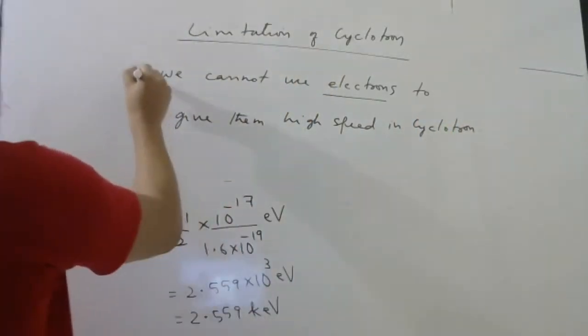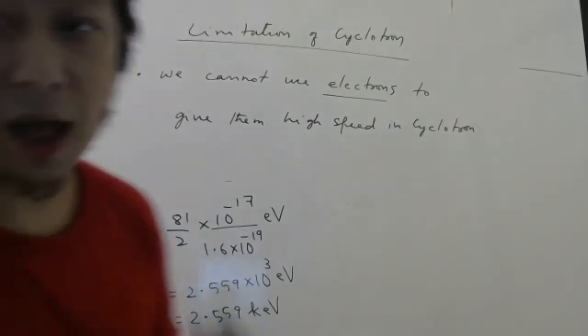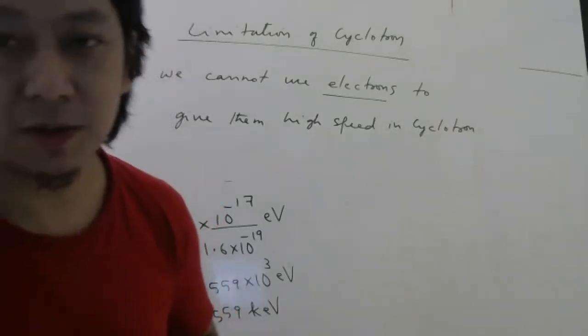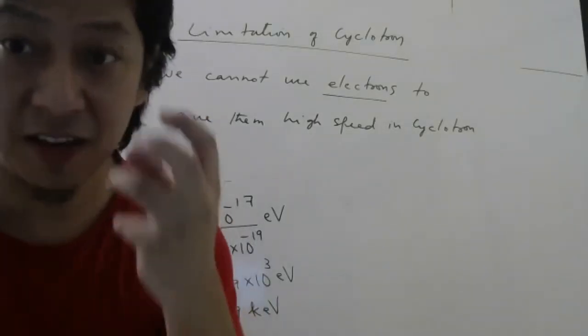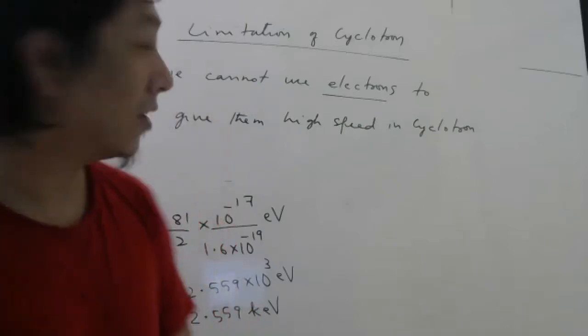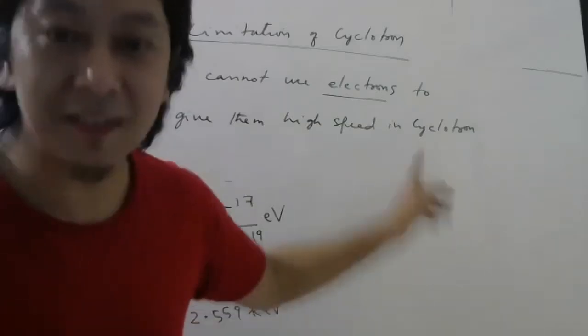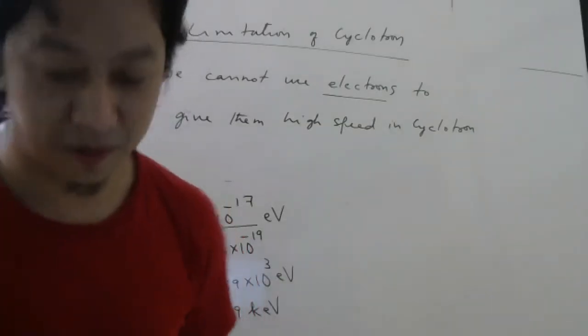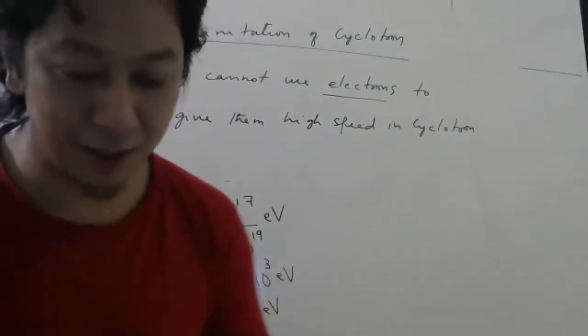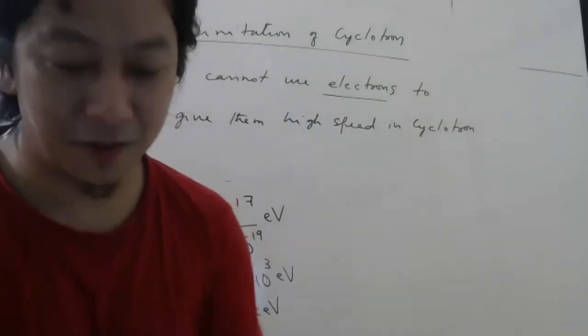So this is one of the limitations. We can use alpha particles, we can use some ions which are a little heavy. Heavy ions we can use, but we cannot use electrons to give them very high speed in cyclotron. I mean, you can use them, but then it will not happen. You will not get very high speed.